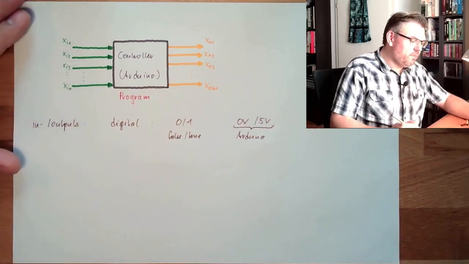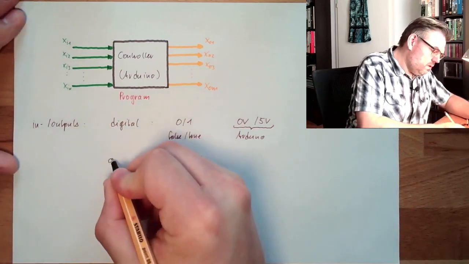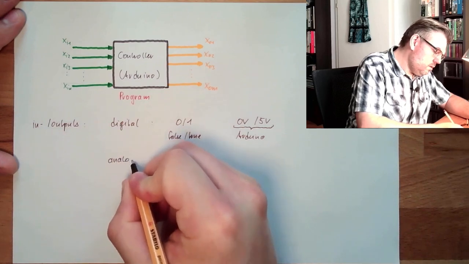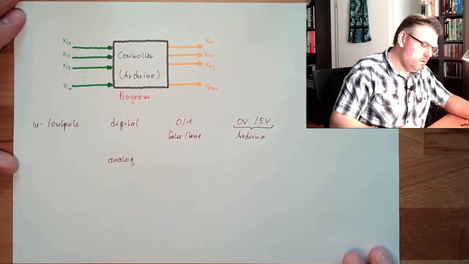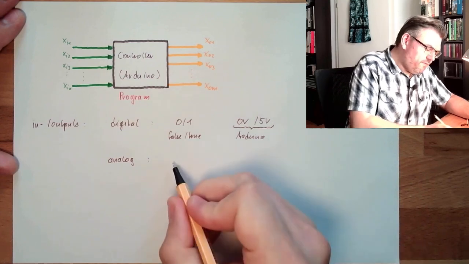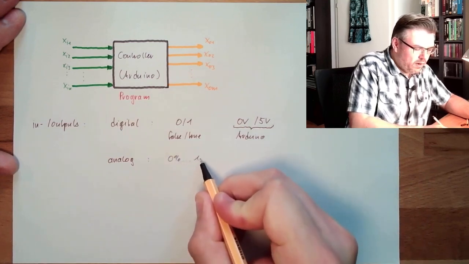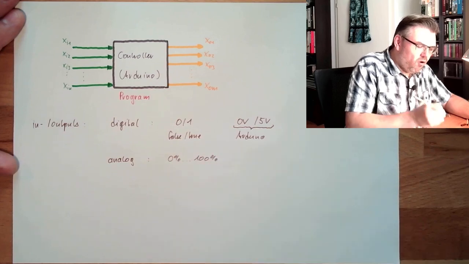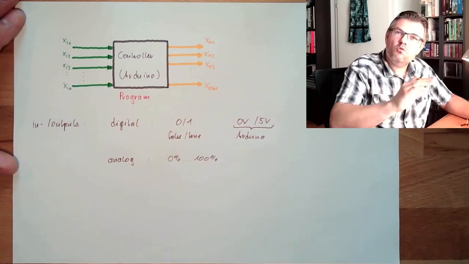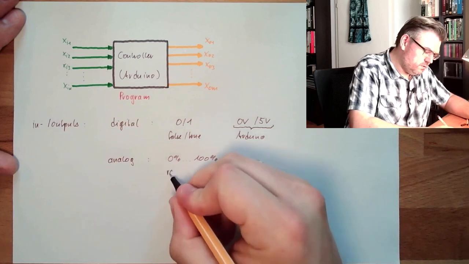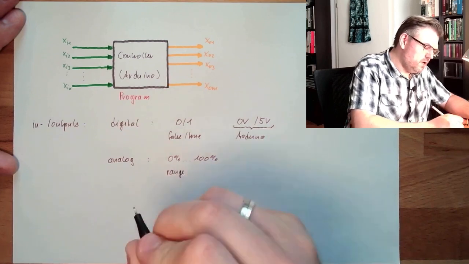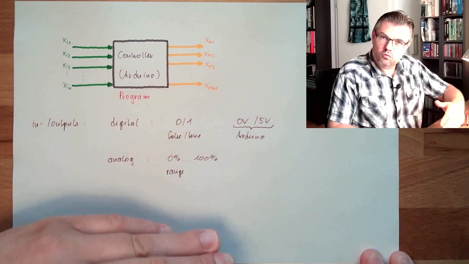And they also might be analog. This means something between 0% and 100%. Also something in between. It's a range. This is only 2.